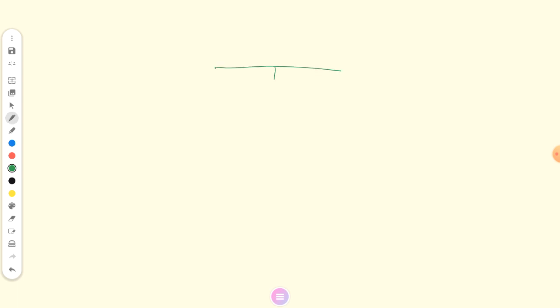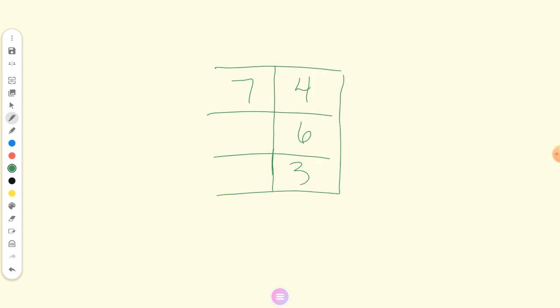So, on some of them, in the tables, I'm going to do... Okay, it doesn't even really matter what the labels are. When we look at this and we're trying to fill in those empty boxes, you start with the one that you know, 7 to 4. Can I easily get from 4 to 6?